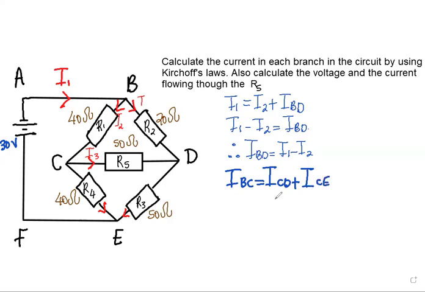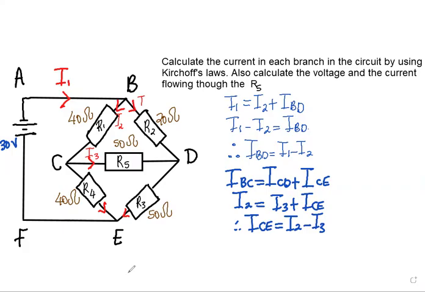The current at BC is I2, when you look at the diagram closer to resistor number 1. So I2 equals, the current at CD is I3 if you check it properly, plus the current at CE. Therefore the current at CE is equal to I2 minus I3.